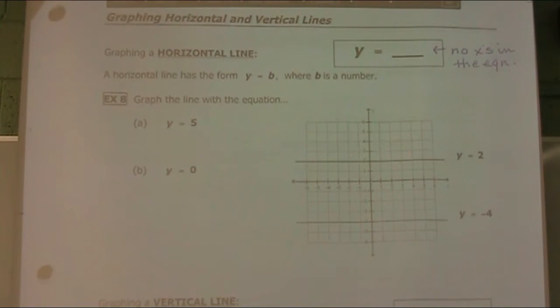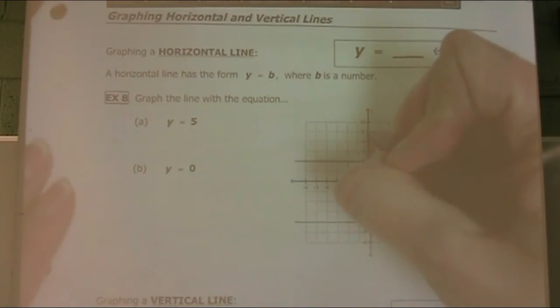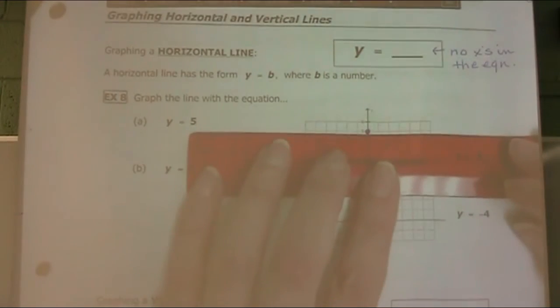So we're going to graph a few of these. You can see some on the graph here. Y equals 2 is a horizontal line that goes through 2 on the y-axis. Y equals negative 4 is a horizontal line that goes through negative 4 on the y-axis. So y equals 5 goes through 5 on the y-axis, and I'll draw that.